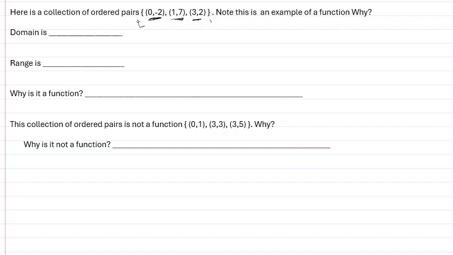So what I'm going to do is simply check one thing. If it's a function, my x values have to be different. They are. My domain are my x values. My range are my y values.